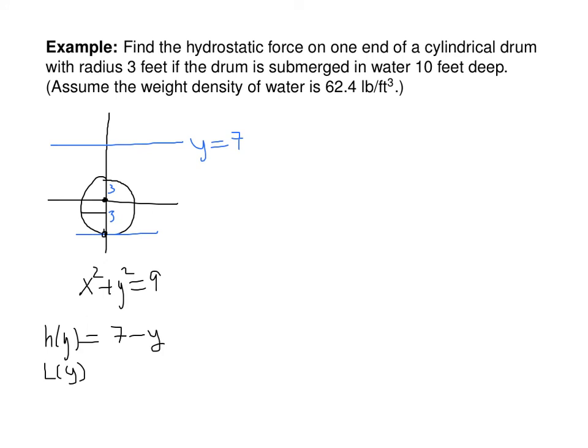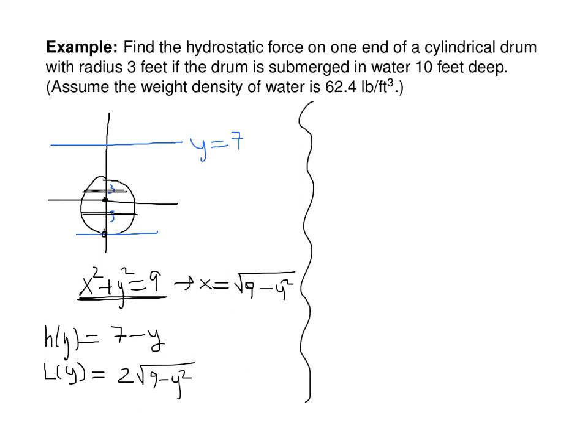Next we need to find the length of a slice, so the distance from here to here, or here to here. And to use that, you take the fact that the equation of the circle is x squared plus y squared equals 9, which when you solve for x gives you x equals the root of 9 minus y squared. So your length is given by twice the root of 9 minus y squared.